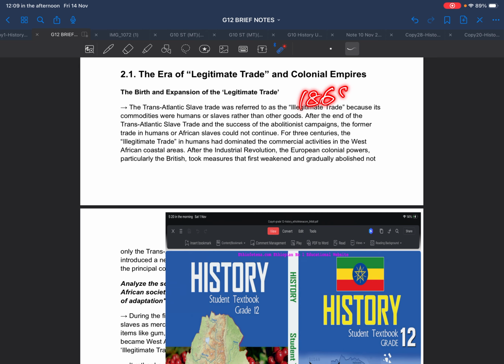Slaves were slaves. So after the end of the transatlantic slave trade and the success of the abolitionist campaigns, which were very strong in America and in England, scholars, the educated ones, campaigned for the abolition of slavery.